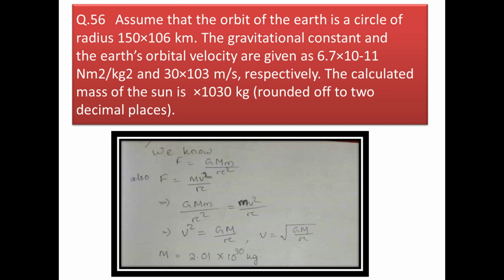Now here we know that F equals GMm divided by r square, and the formula of centripetal force is F equals mv square by r. That means G capital M small m by r square equals small m v square by r. And if you calculate, the value of v becomes root over of G capital M divided by r. Now if you put all the values, then you will get the mass of the sun is 2.01 into 10 to the power 30 kgs.